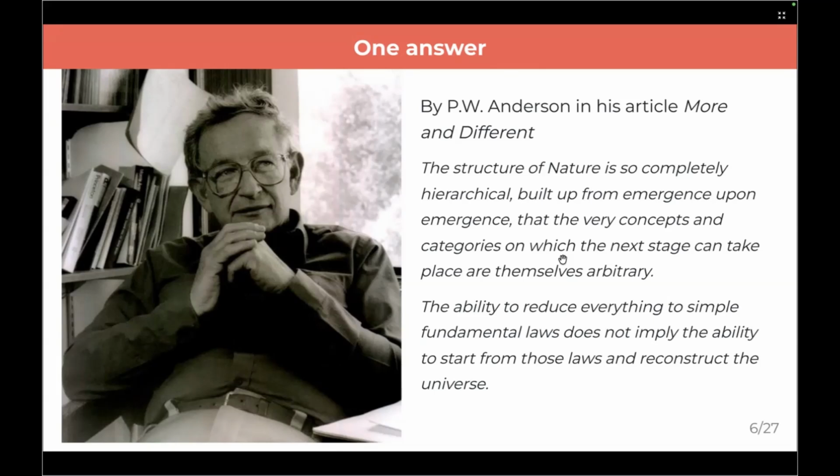Instead, when you have a many body problem, things become complex. It was also mentioned that the ability to reduce everything to simple fundamental laws does not imply the ability to start from those laws and reconstruct the universe. So that is, I would say, maybe an answer from a science philosophy point of view.